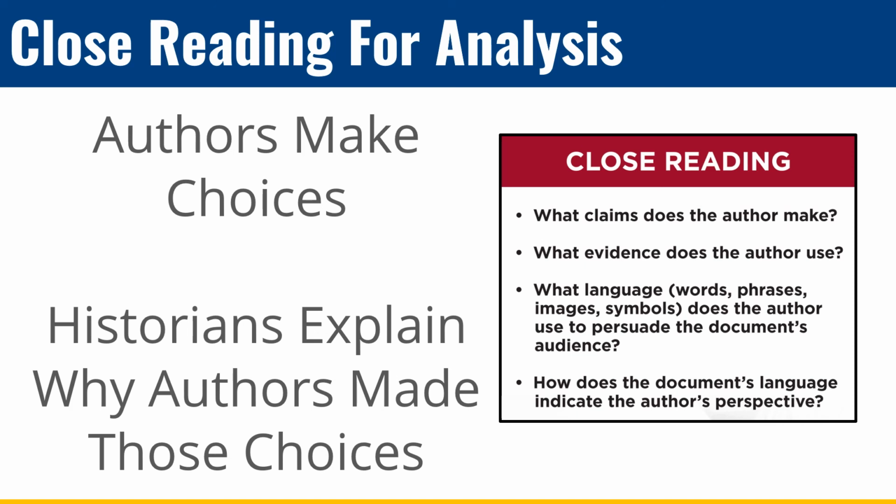Keep asking why an author made that choice to get to analysis after you identify an author's claims or evidence or language choices. Authors make choices. Close reading helps you identify the choices that authors make, and historians explain why authors made these choices in the first place.